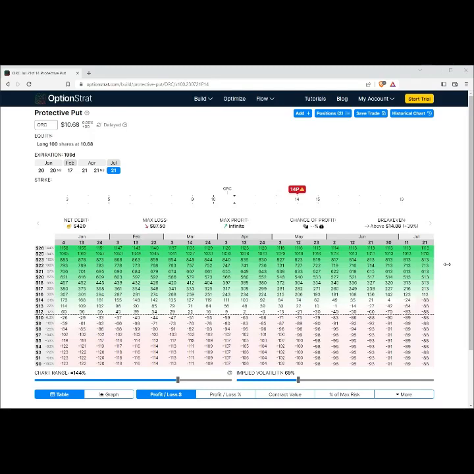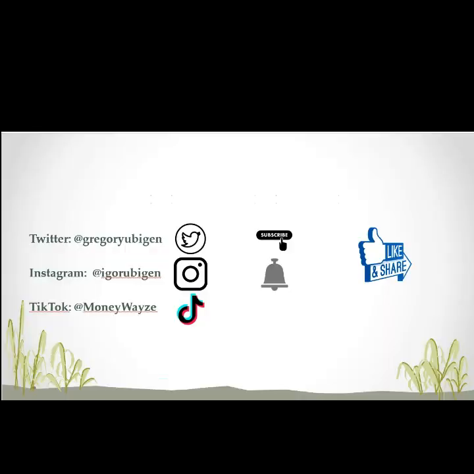I hope this makes sense. In our next episode, we will talk about the bull put spread options trading strategy, and we will visualize this on Optionstrat as well.